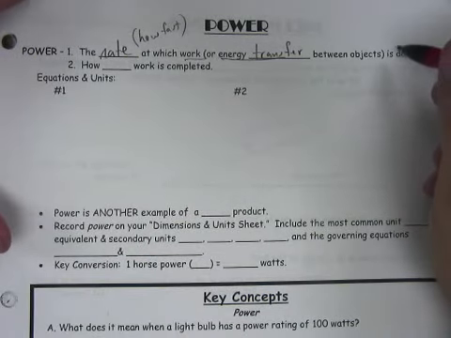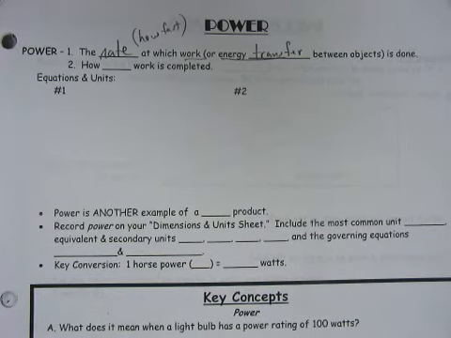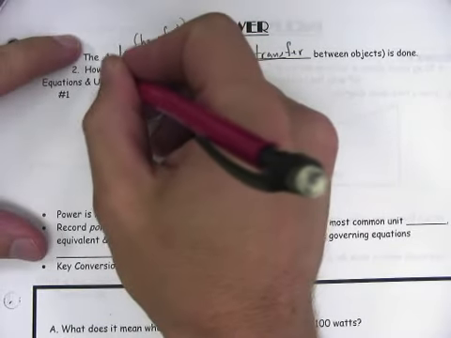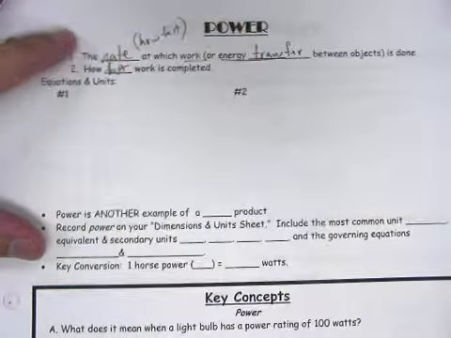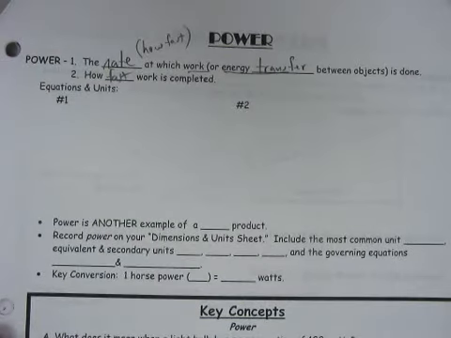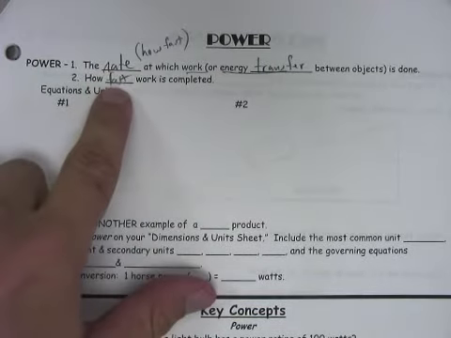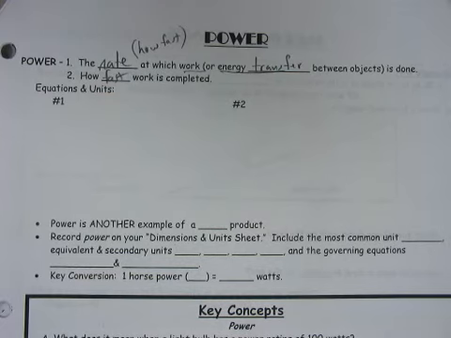So the rate at which work is done, or the rate at which energy is moved from one form to another, or the rate at which energy is moved from one object to another. Another way of saying that is how fast work is done. So if you can't read it right there, it says how fast. So when you think of power, you want to think about how fast something's done.